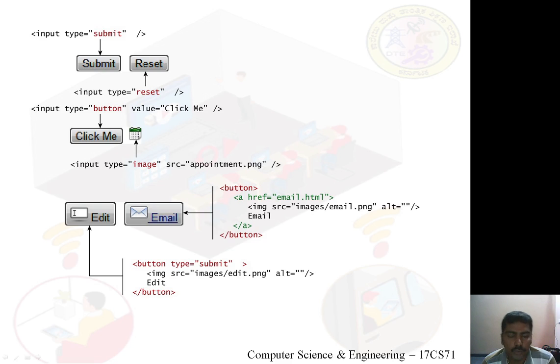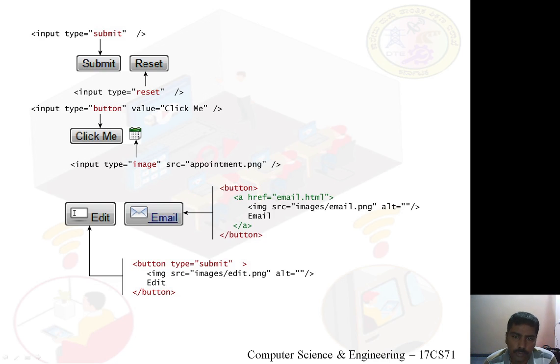Got it? Then there is one more button with the caption edit, and one image. I said this is like a submit button. Here I placed both an image as well as text.